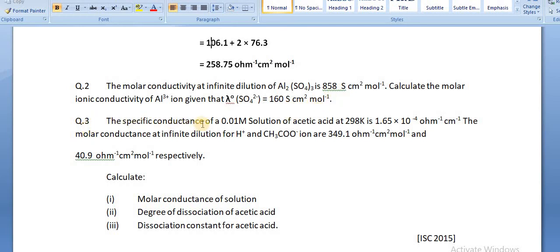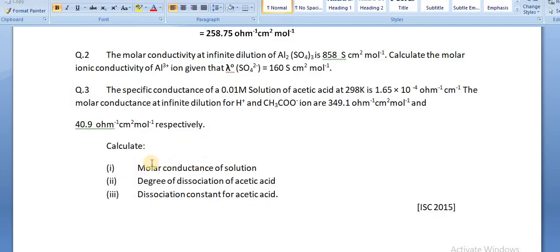And question number 3: the specific conductance of 0.01 molar solution of acetic acid at 298 Kelvin is 1.65 into 10 power minus 4 per ohm per centimeter. The molar conductance at infinite dilution for H plus and acetate ion are 349.1 and 40.9 per ohm centimeter square per mole respectively.